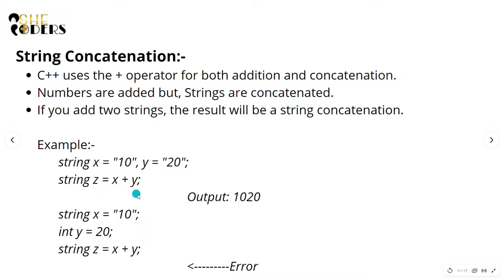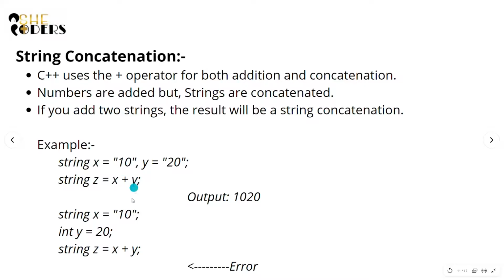For this we can use the plus operator to add any two strings. Here you can see, mark this, these are not two integers. This is one string and this is another string consisting of two characters.